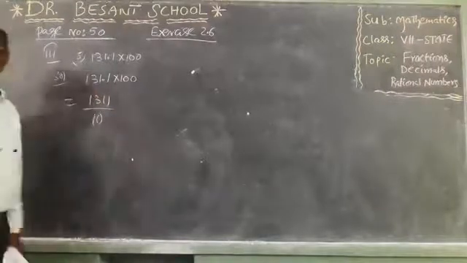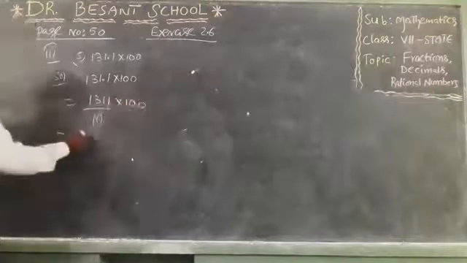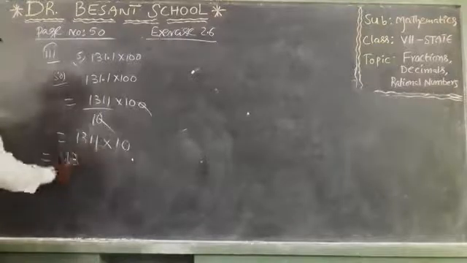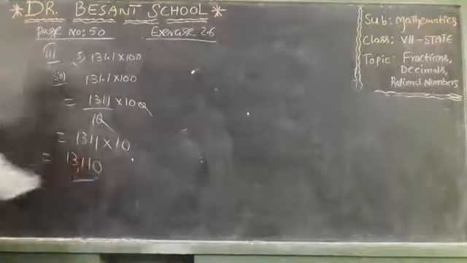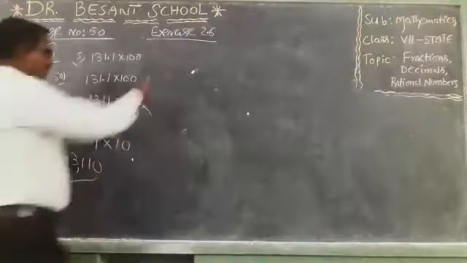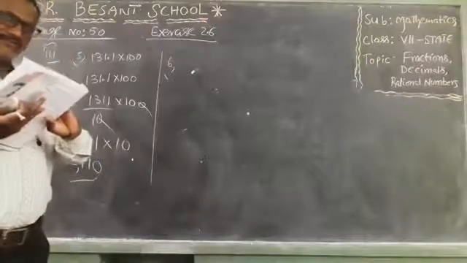Point after one digit is there, so by 10. Into 100. So 1311, 10 cancels, means into 10. So this is 1311, 10 will come here, means 13,110.